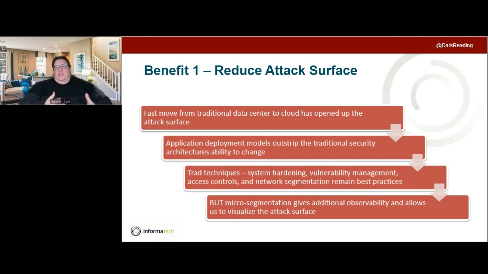Fast-moving application deployment models that our DevOps teams are using are outstripping our traditional change processes baked into traditional security architectures like, for example, SABSA and so on. And so we need to find something that is more flexible, more agile, and indeed more, if you like, cloud-centric. Our traditional techniques, however, that we developed, such as system hardening, vulnerability management, access controls, and network segmentation remain best practices.